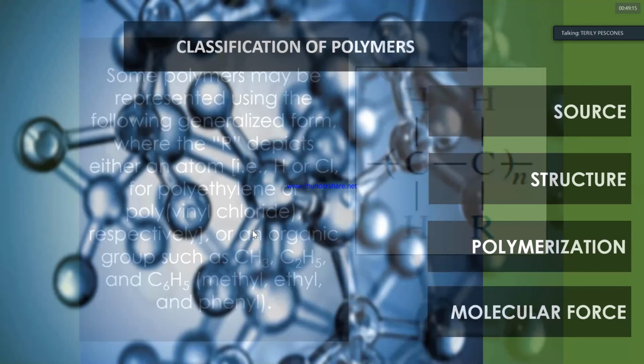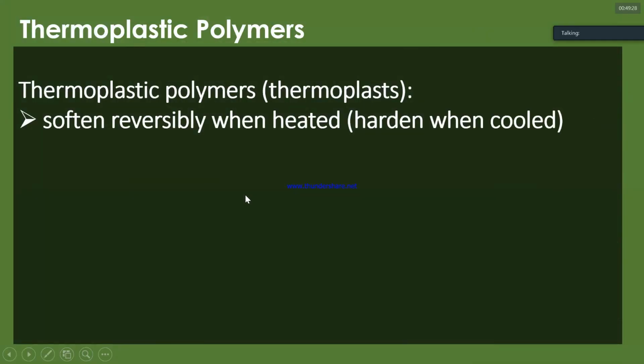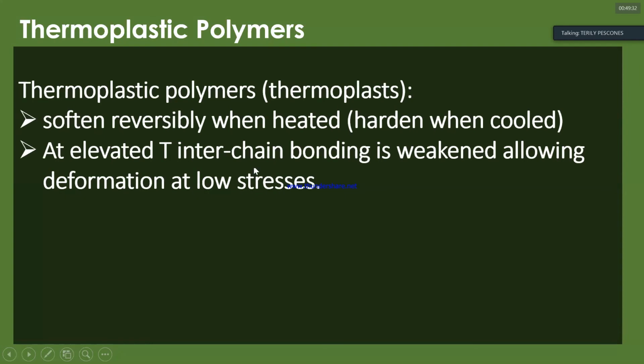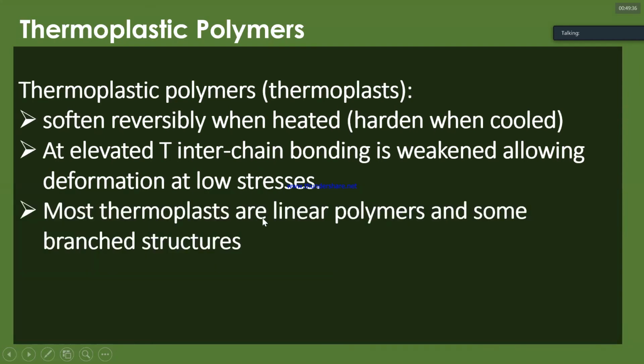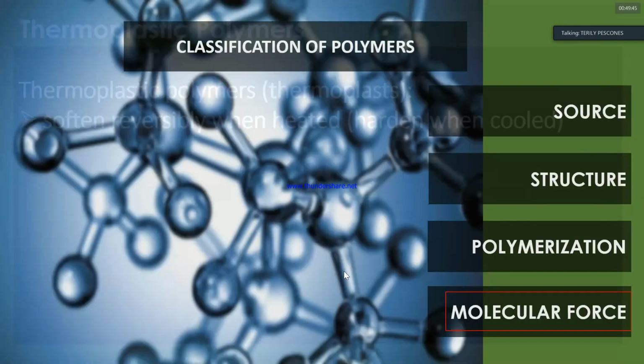So, next is polymerization. All right, we go to molecular force. Okay, so source, structure, polymerization, then we have the molecular force. So, under this, we have the thermoplastic and the thermosetting. Okay, so thermoplastic polymers. So under this, yung last, molecular force.